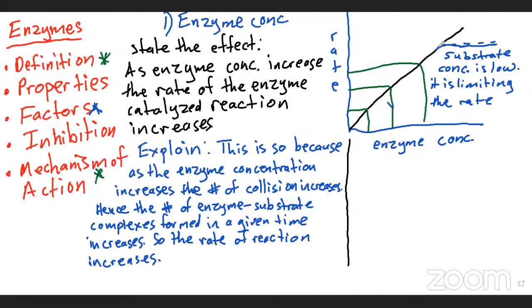But if you get one where you have the straight line and you see it tails off, this part here means that the substrate concentration is low, so it is limiting the overall rate of the reaction. All right. So that is it for enzyme concentration.